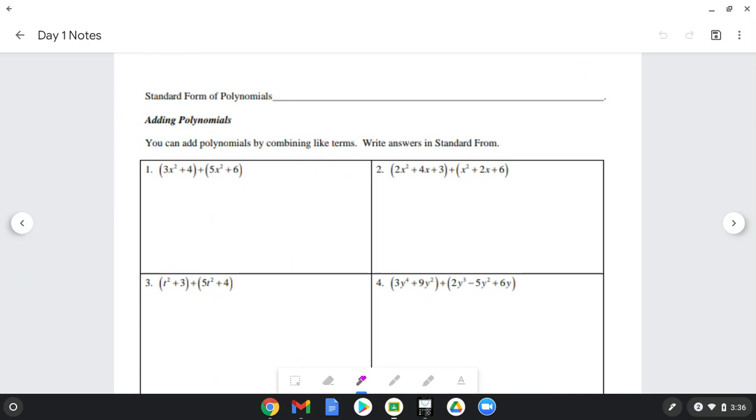And that just means from biggest to smallest exponent, as well as alphabetically. So we put it in alphabetical order from biggest to smallest exponent when we add them together. And then we'll name these too so you guys can see them a few more times.